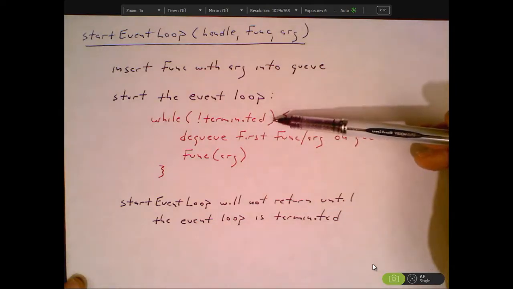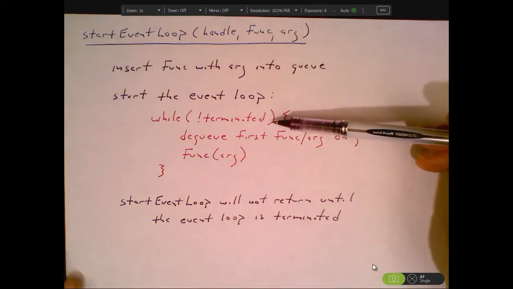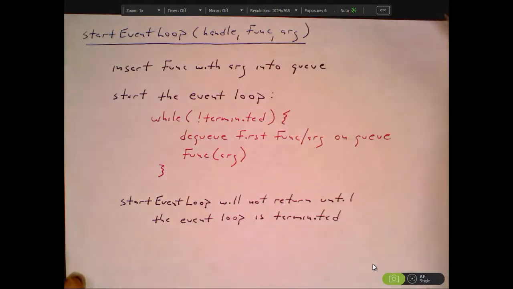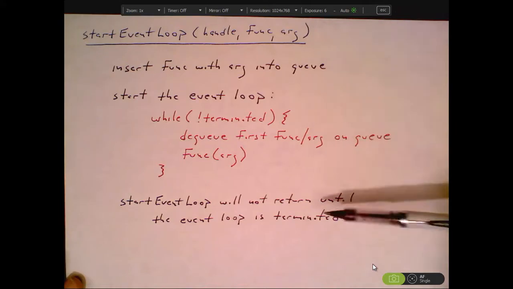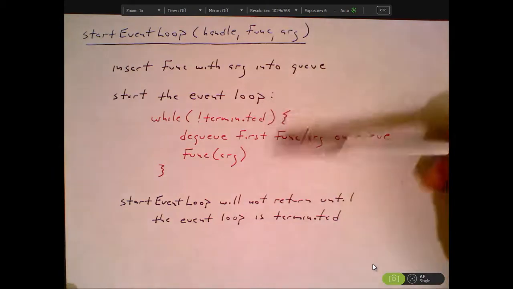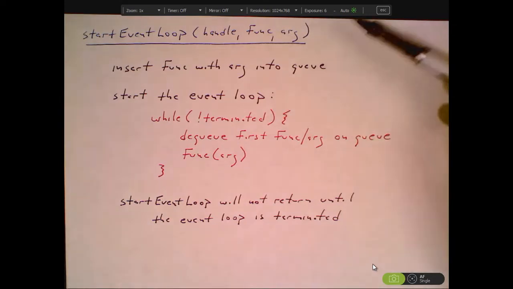However, we have to have some way to terminate this. We'll talk about this in a little bit. So there's also a check: are we ready to terminate or not? Notice that the start event loop function will not return until the event loop is terminated. So start event loop itself actually runs the event loop, and the function does not return. Again, this emphasizes that the event loop, at least in this implementation, is single-threaded.